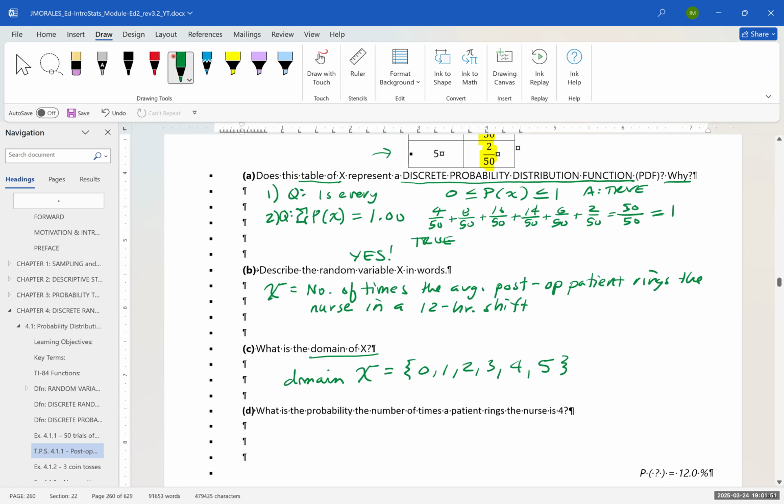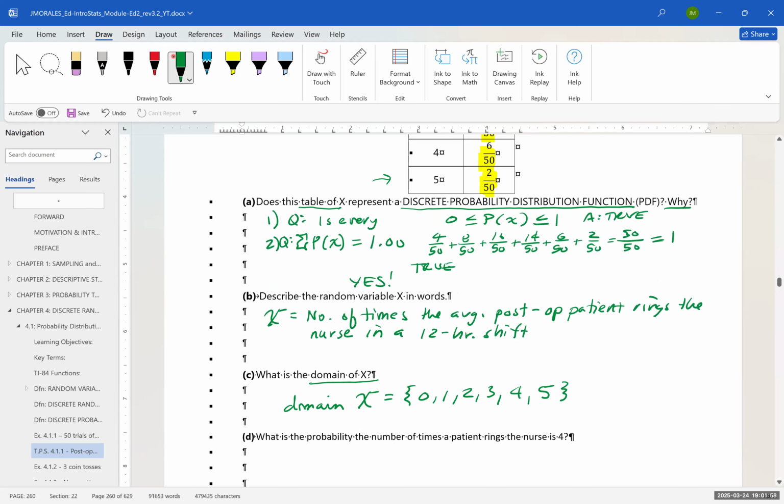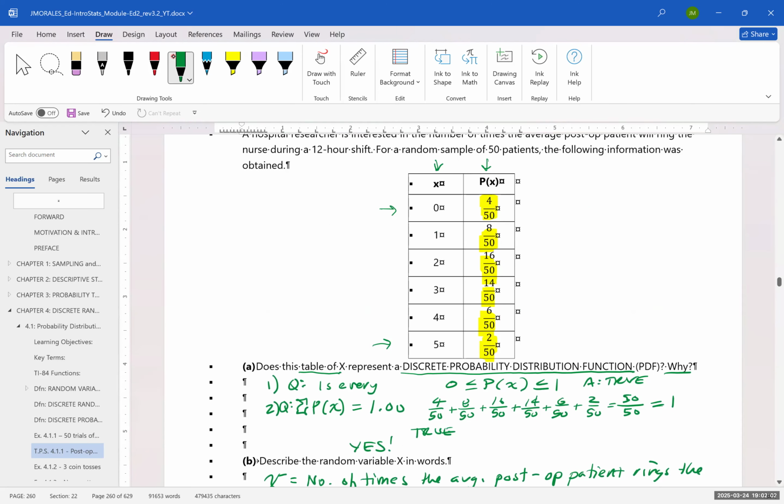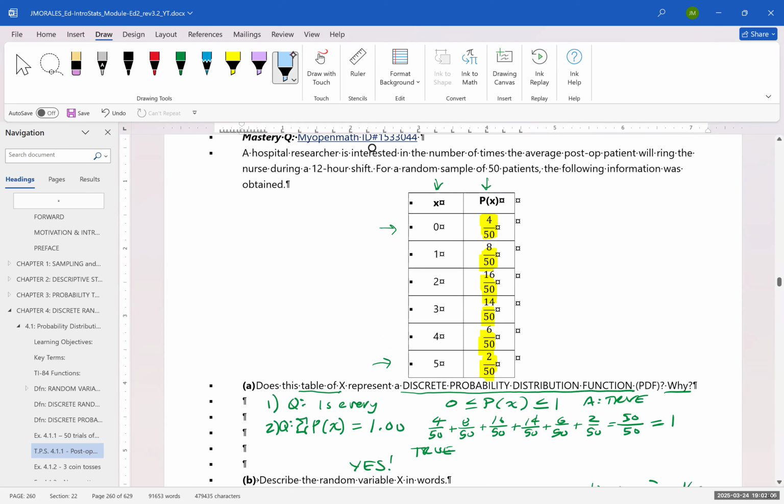What is the probability the number of times a patient rings the nurse is 4? So what we can do is come up here to our probability distribution function or table, and look here at this value of 4 from the domain of our random variable and come straight across, and that's our probability.